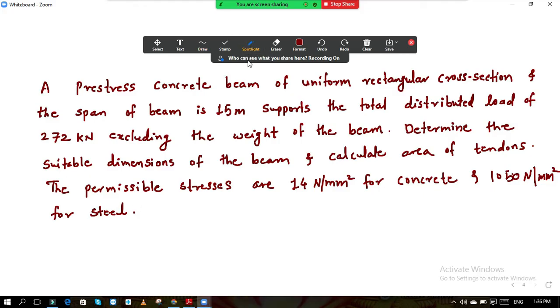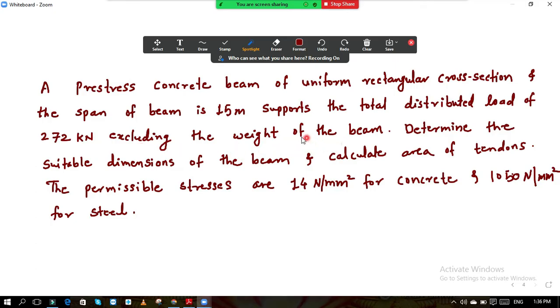So this is the given problem. We will read it once again. A prestressed concrete beam of uniform rectangular cross section and the span of beam is 15 meters. Span is given to you. Supports a distributed load of 272 kN. Now here they said distributed load, but while giving the load they have given it in kilonewton, 272 kilonewton. So you know the point load, you know the span, so you can convert this point load into the distributed load.